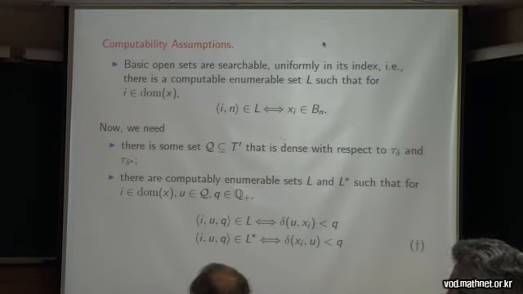That means there is a computably enumerable set L, such that for every i in the domain of X, the pair (i, n) is in L exactly if B_n contains x_i.